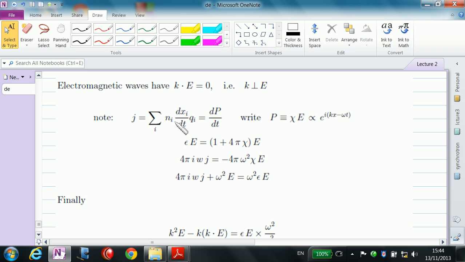So here's how you calculate J. You just say it's the density times the velocity times the charge. And what's the velocity? Well, you solve the equations of motion.